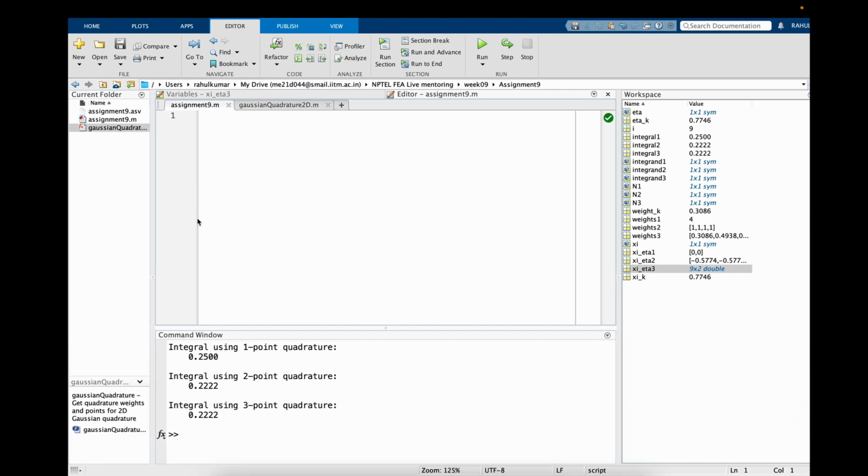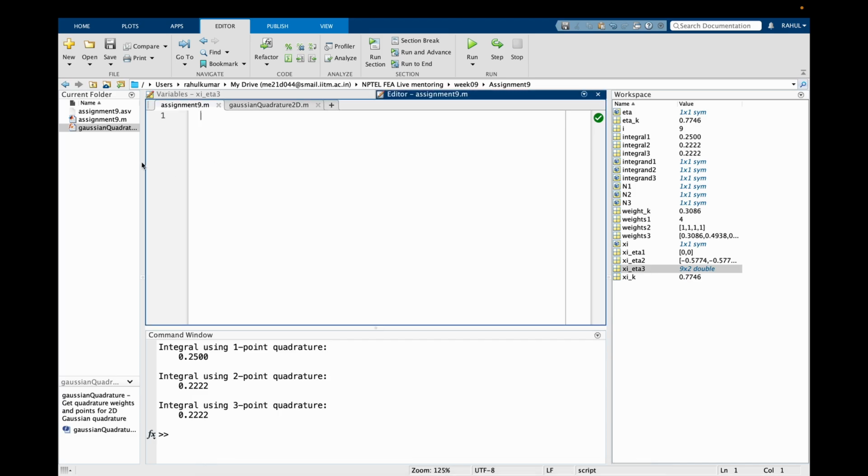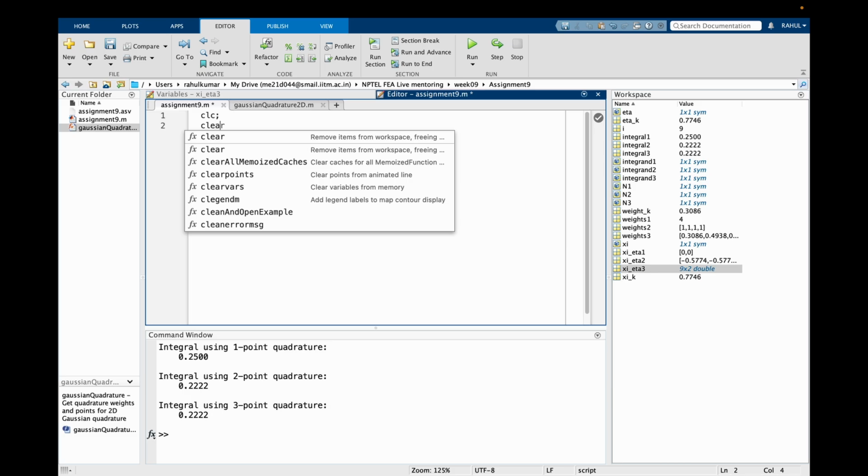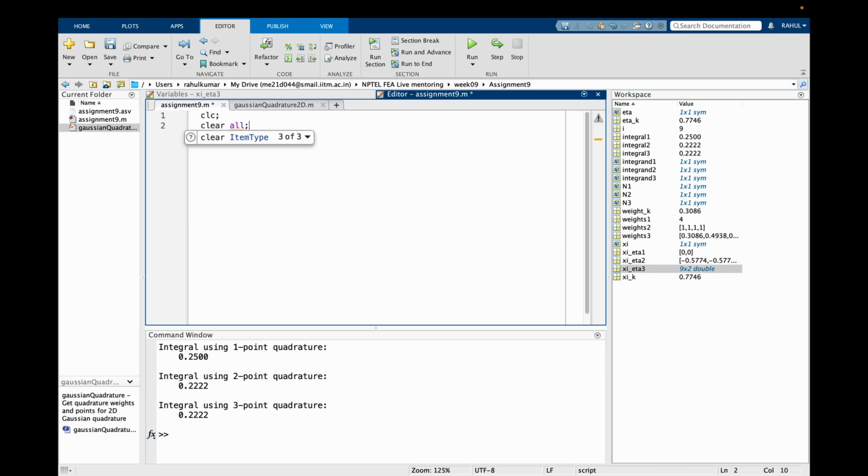Okay, so first what we will do is I will import the Gauss quadrature function. Before that, clc, clear all.